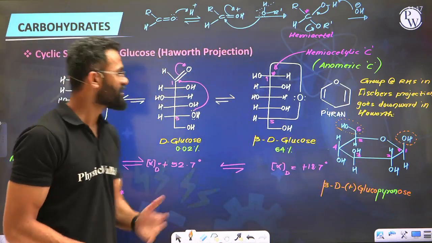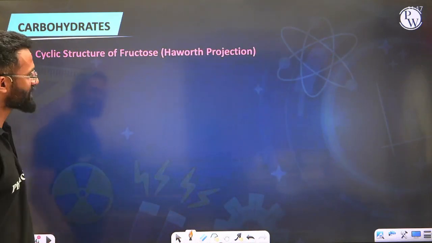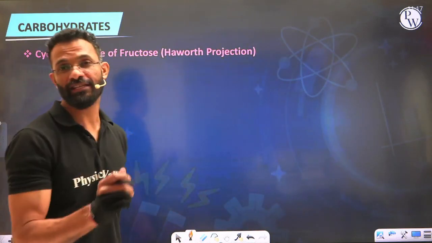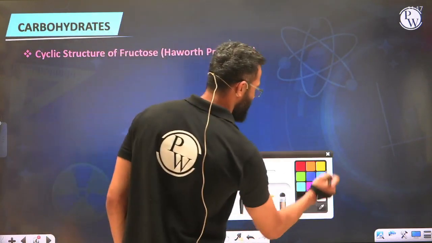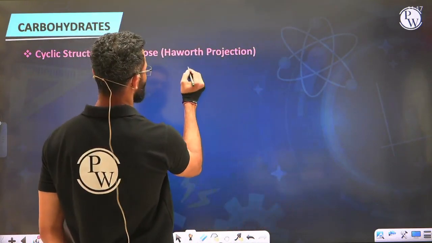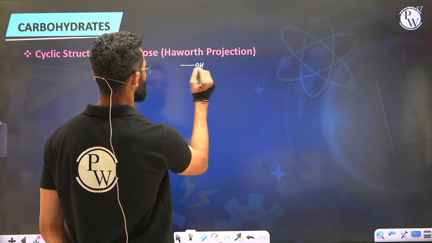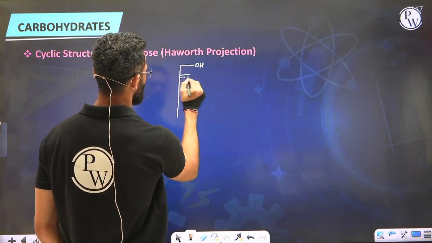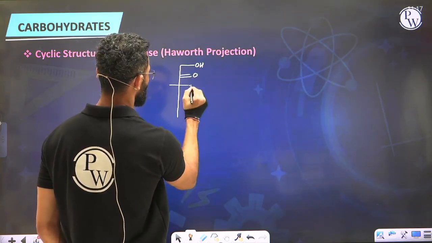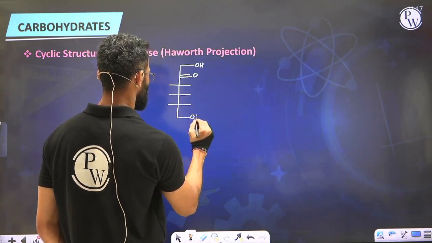Alright everyone, just like we did for glucose, now we'll have to learn the cyclic structure of fructose as well. This time I'm going to move a little faster. So how do we get the structure of fructose? CH2OH, double bond O, number 3, number 4, number 5, number 6.